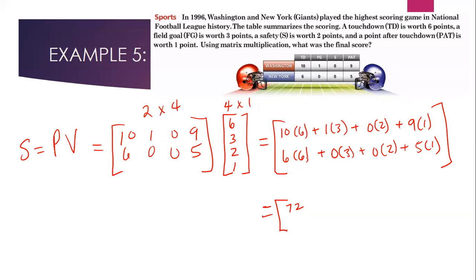All right, let's do the next one. 6 times 6. 36 plus 0 is still 36. 36 plus 5 is 41. So the final score was 72 to 41.